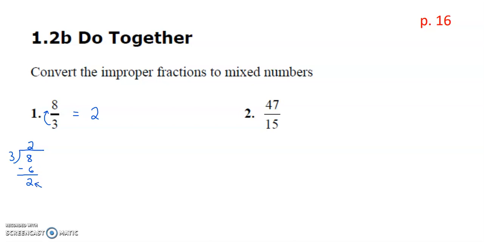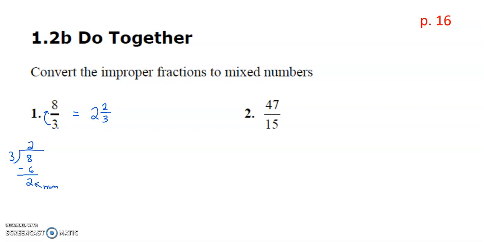This becomes my numerator. So the 2 left over becomes my numerator, and what is my denominator? My denominator is the same as it always was here. It's out of 3. So 8/3 is the same thing as 2 2/3.